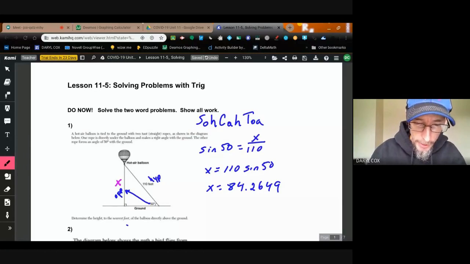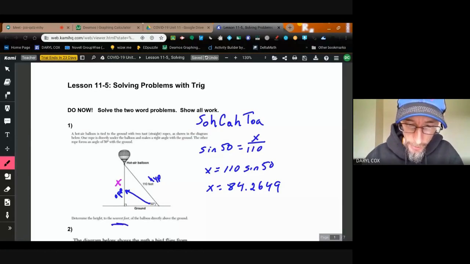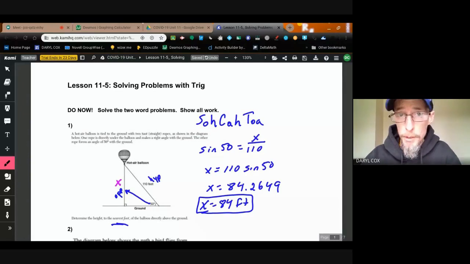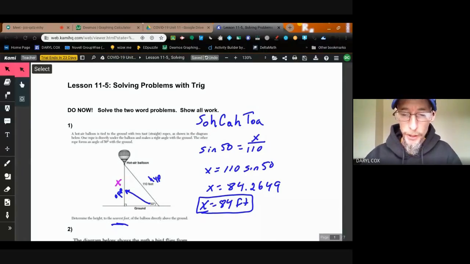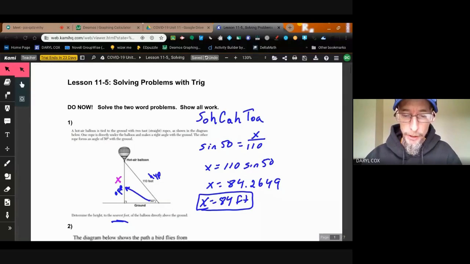But they did say to the nearest foot. So X is 84 feet. So that's a very simple problem. Read the problem, identify your sides, and you're good to set it up. Let's look at another problem now that you've got that one taken care of.